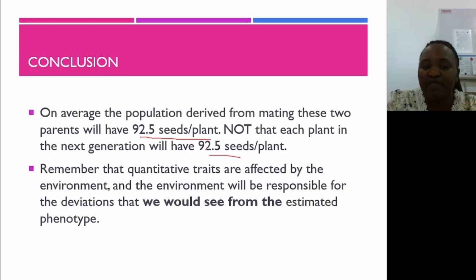Those are environmental. Remember, heritability was helping us to determine those that are of genetic contribution. But those that vary from here up or down will be as a result of our environment.